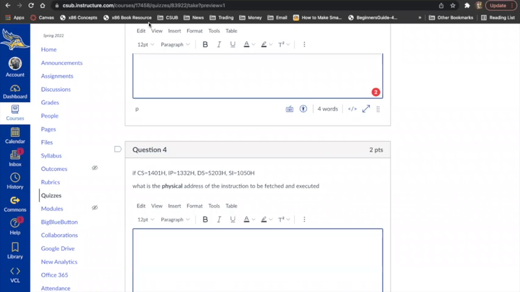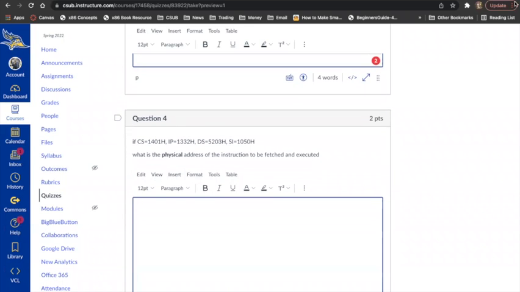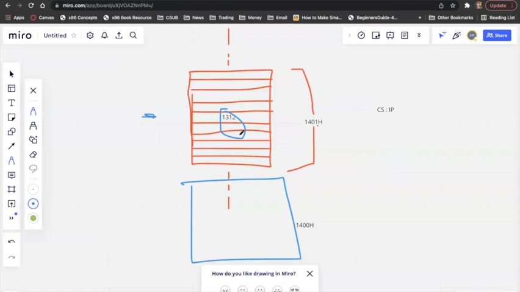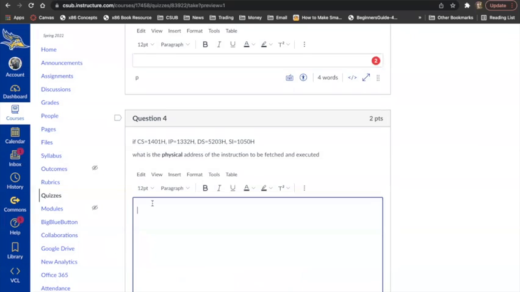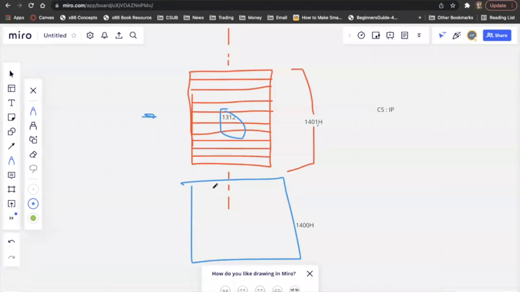To find the physical address of the value, we're just going to, as I said, always add 0 at the end of the code segment, then plus whatever the offset is, because think about it.